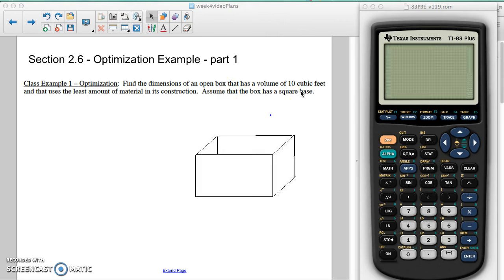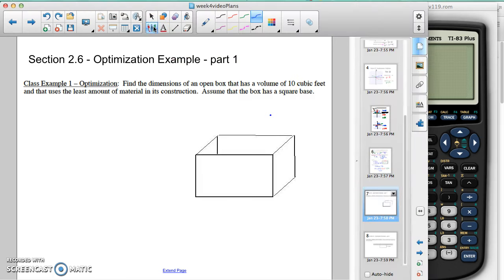So the first important thing when you're doing an optimization problem would be to determine what we want to optimize. In this case we want to find the least amount of material in its construction.